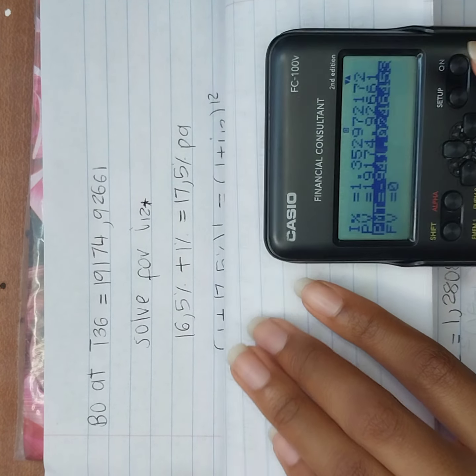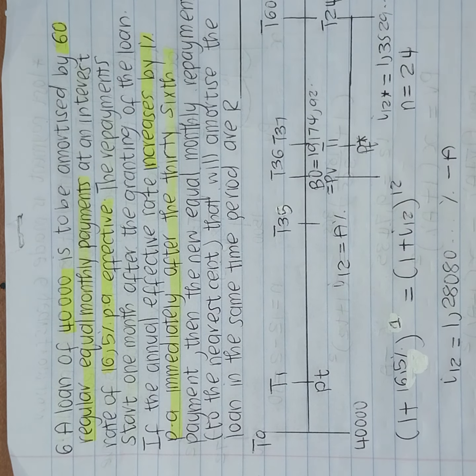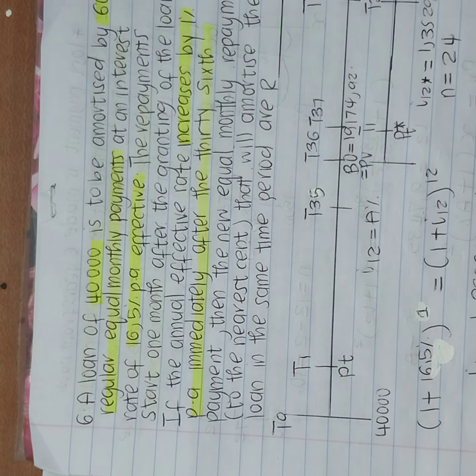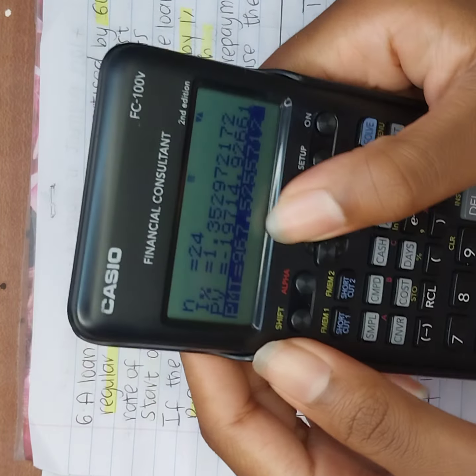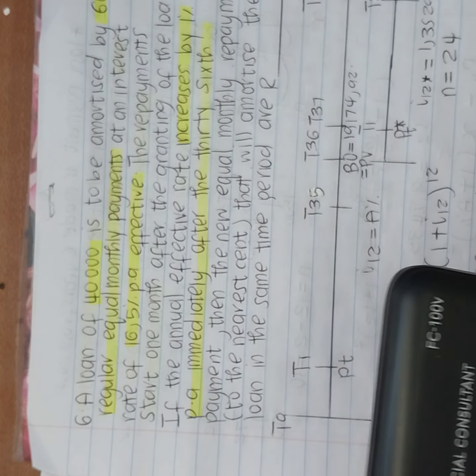So I solve for PMT and I find that this is not the answer that I got initially. Let me see where I went wrong. Okay, guys, we have N as 24, and I as 1.35, the new I, since we are solving for the new payments.